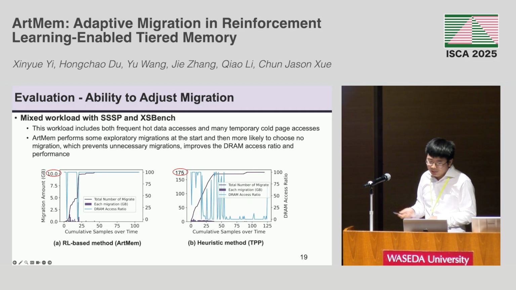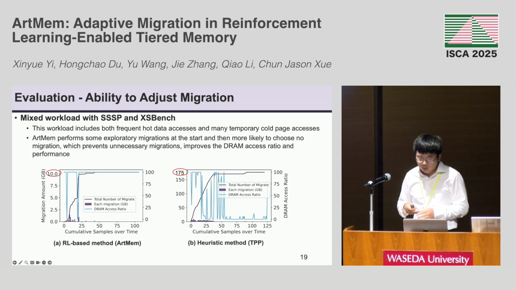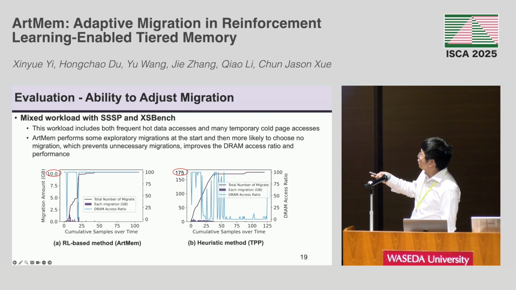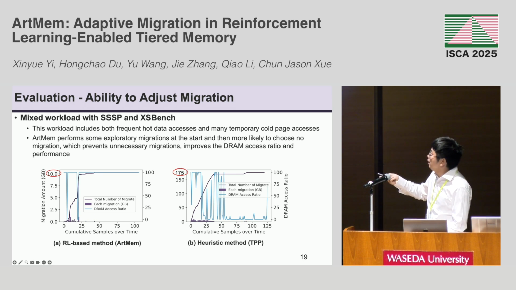And here is another compelling example showing ArtMem's adaptive behavior with a mixed workload. ArtMem performs some exploration at the beginning, then achieves better performance.